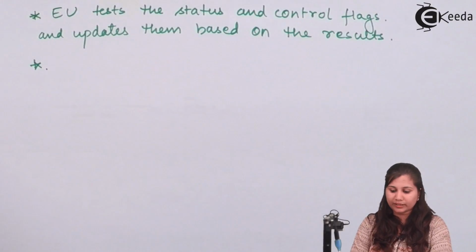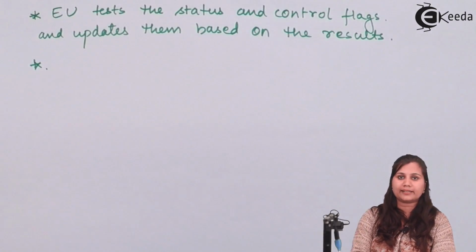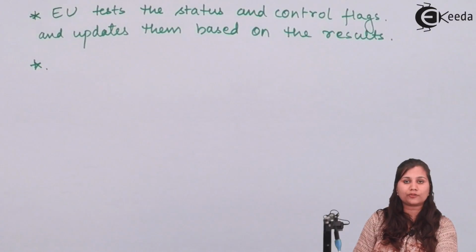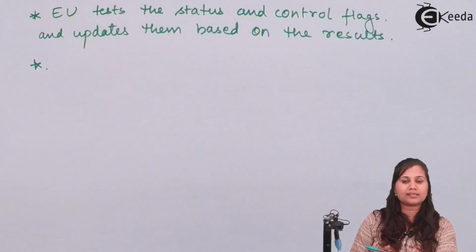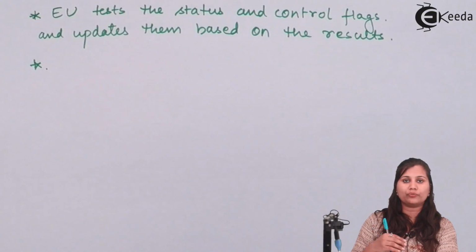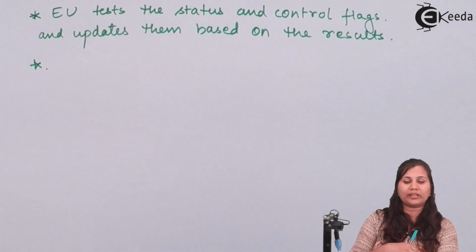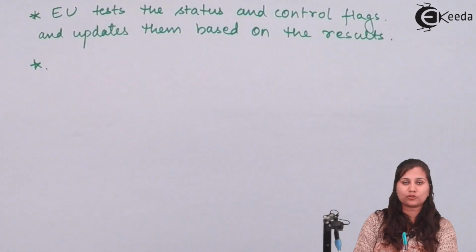Now suppose the execution unit extracts instructions from the instruction queue. If the queue is empty, then the execution unit is going to wait for some time until the next instruction byte is stored in the queue, and then it is going to fetch that instruction byte.